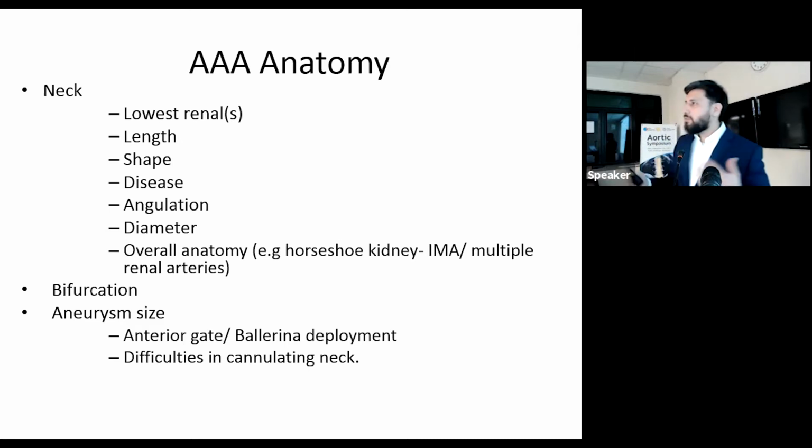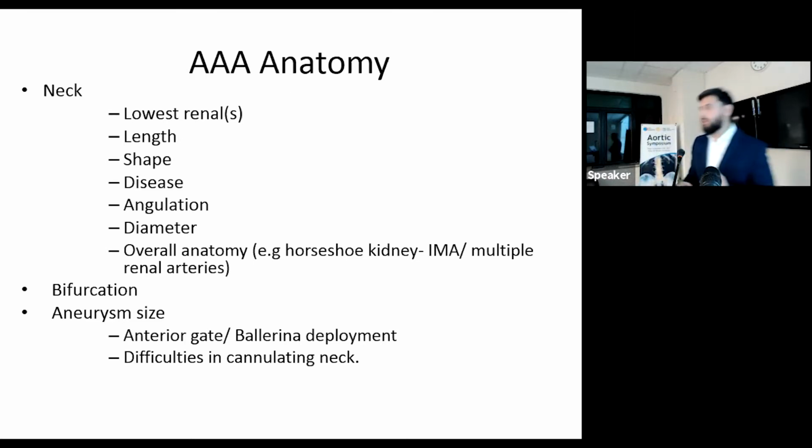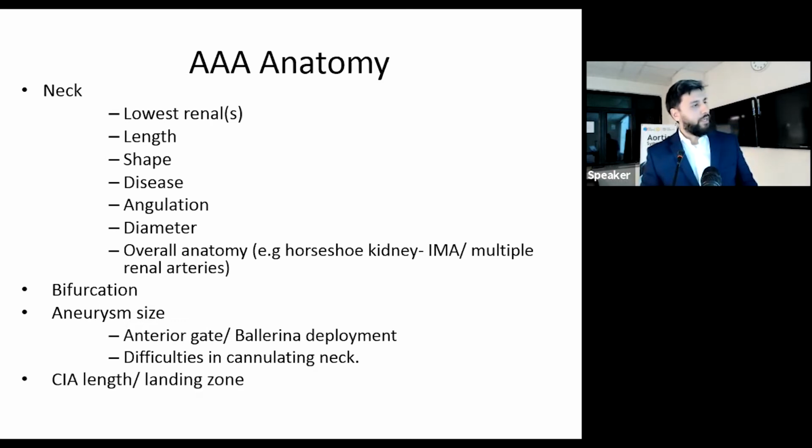And you need to plan where that gate will open up. You usually try to open up anteriorly, but sometimes you even need to do a ballerina kind of deployment. So essentially with the legs crossed like that, so that when you're coming up from the contra, you're pointing to the opposite side, and you can actually then cannulate the contra limb more easily.